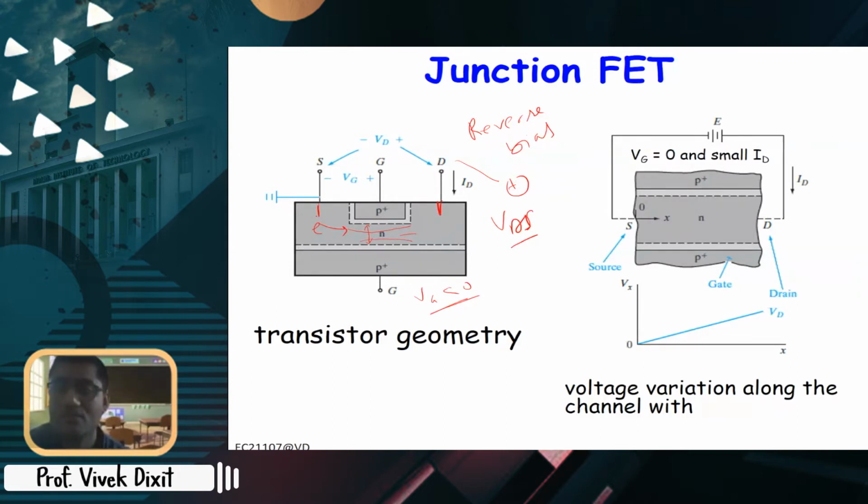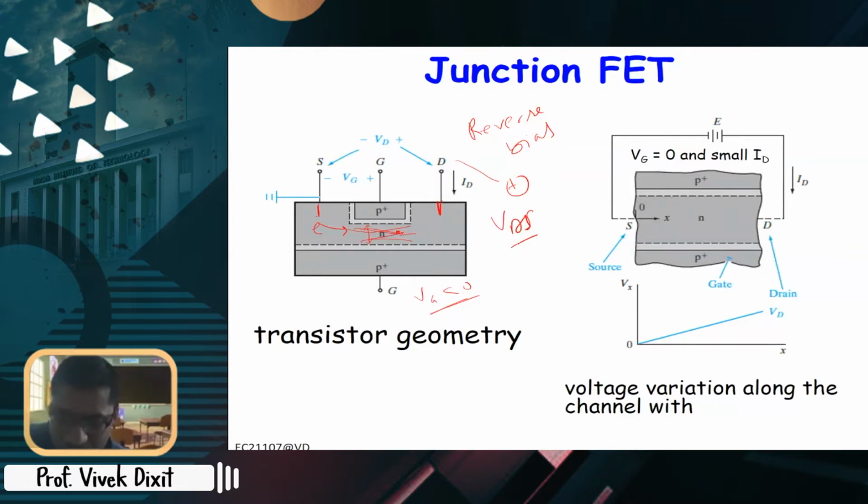In the gradual channel approximation, this voltage changes slowly, not abruptly. Along this channel, if you move a certain distance, the voltage is increasing. If the voltage on the N side increases, the reverse bias will be more, so the depletion width will be more here. You can see the depletion width increasing here.